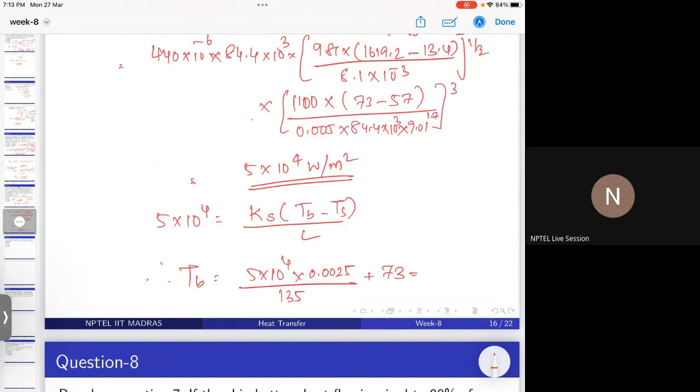Can you please find out what is Tb? Tb is 73.9.